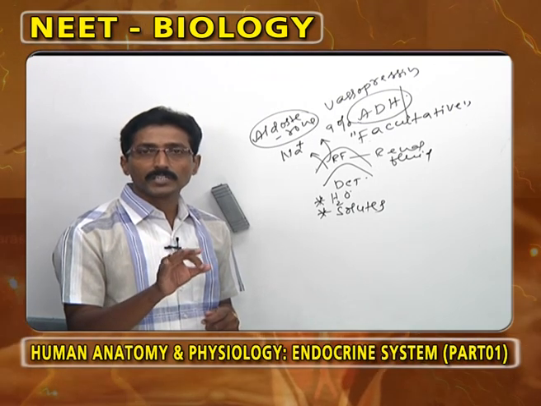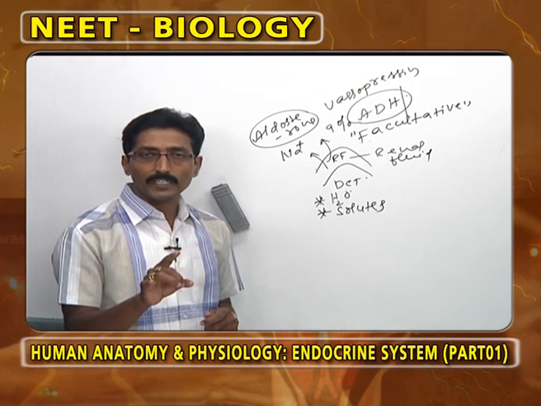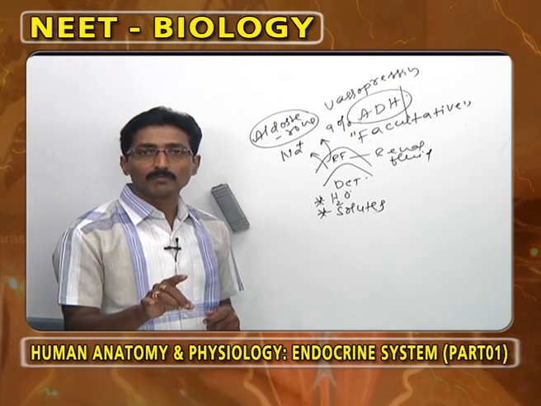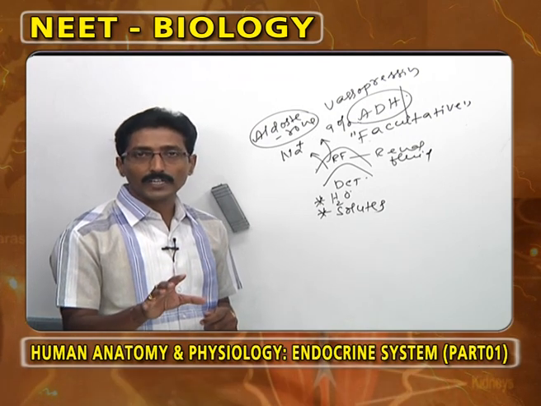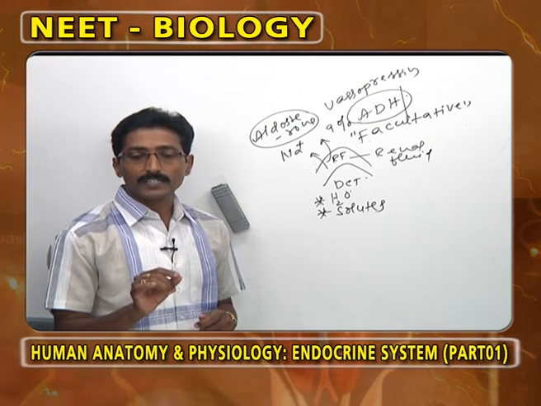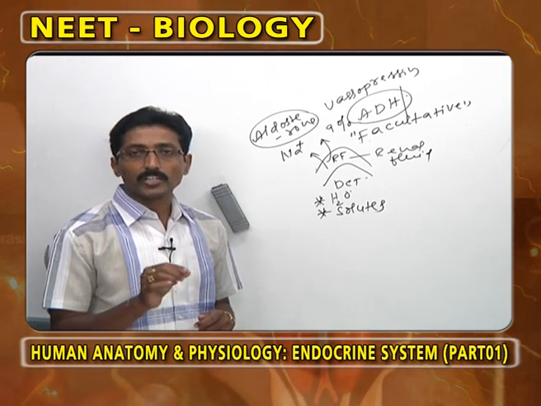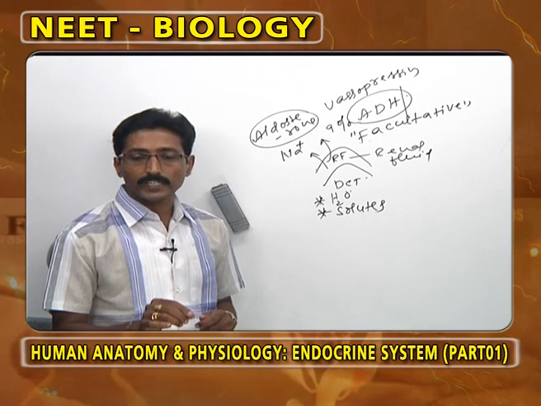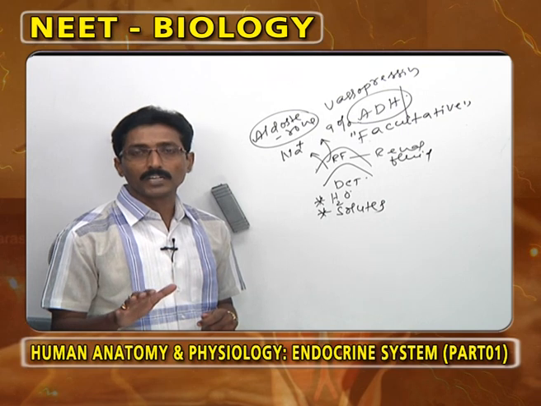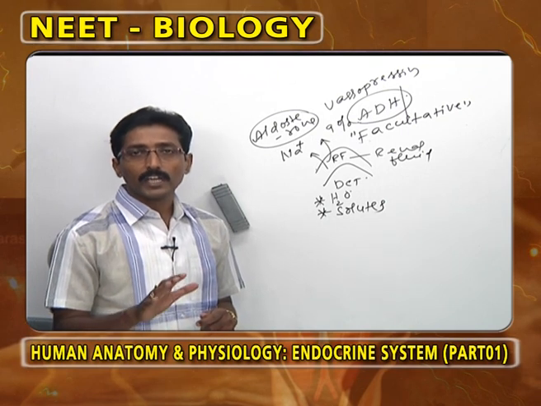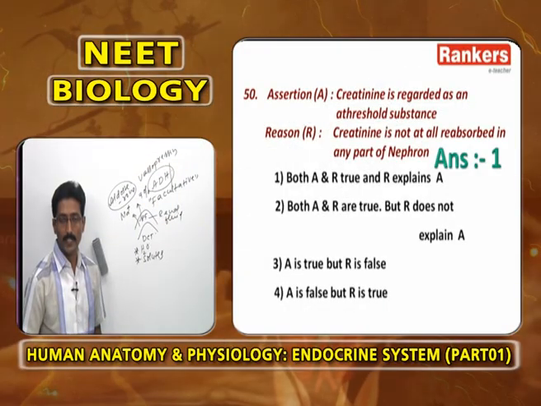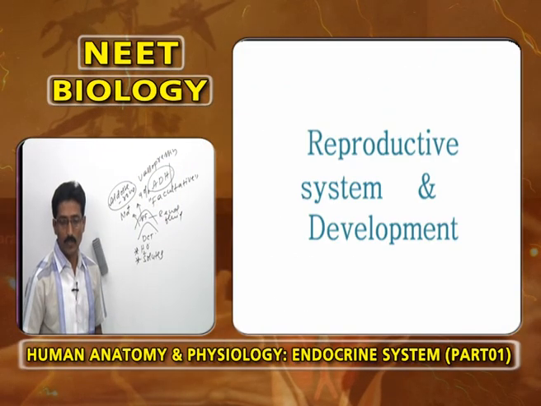Those materials that are not necessary and not reabsorbed into the blood, we call athreshold. Creatinine is not reabsorbed in any part of the nephron, hence it is called athreshold. The answer is both the assertion and reason are correct, and the reason explains the assertion. Now we go for the next question.